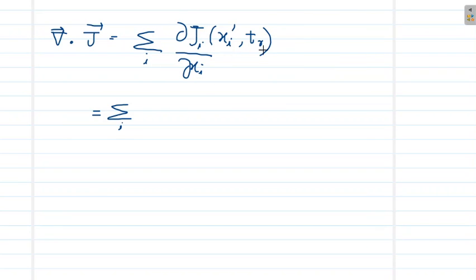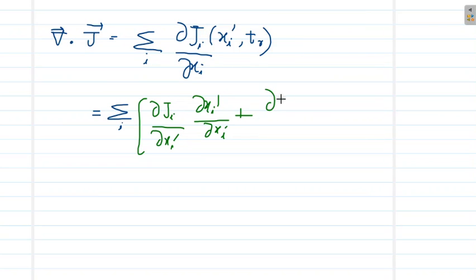So in a similar manner, since we have to take the differentiation with respect to xi and ji is a function of xi dash and tr, it can be done like dou ji by dou xi dash into dou xi dash by dou xi plus dou ji by dou tr into dou tr by dou xi.